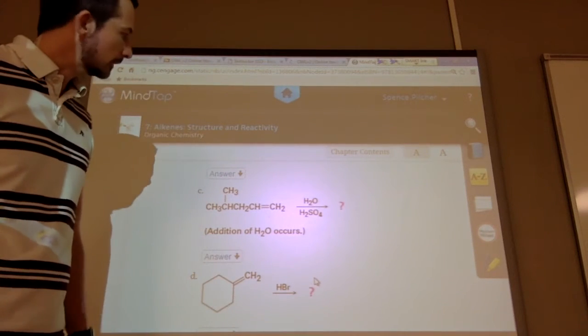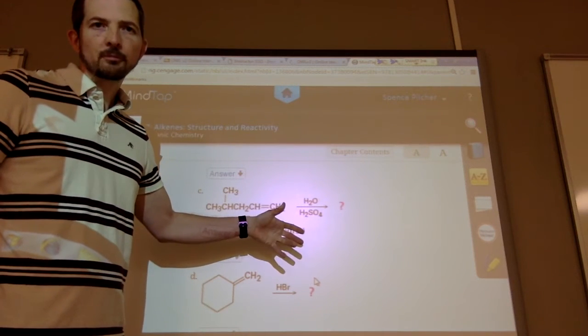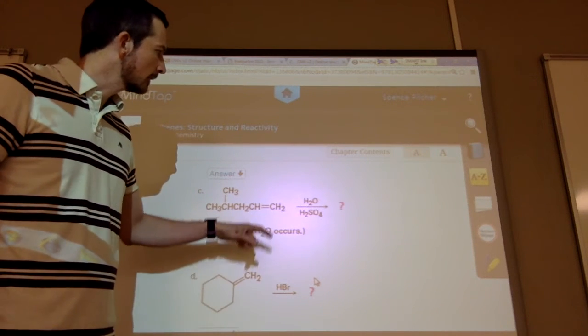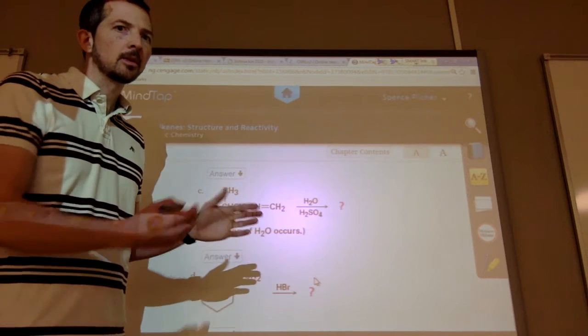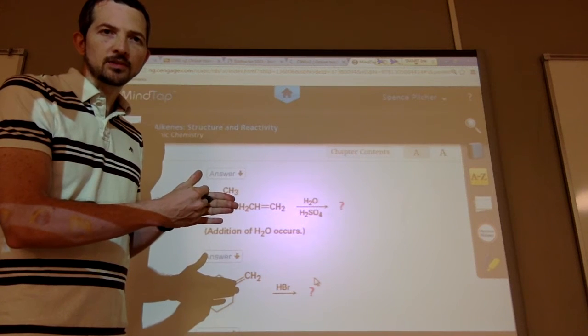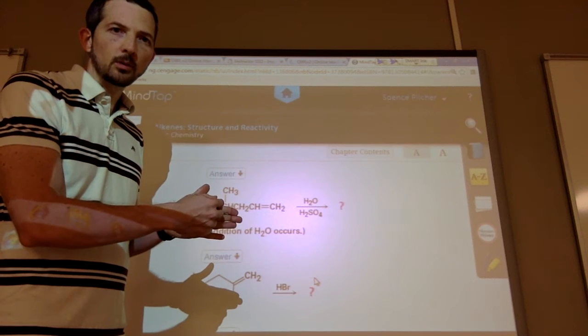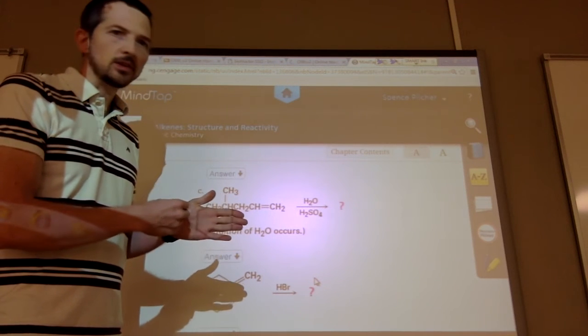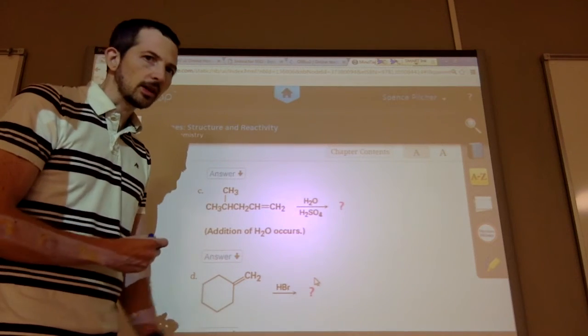So if I look at this next one, now I have H2O, H2SO4. We haven't covered that reaction yet. But if I look at the hint down here, it says addition of H2O takes place. So if HCl, H adds to one side, chlorine adds to the other side. HBr, H adds to one side, bromine to the other side. H2O, H would add to one side, OH to the other side.